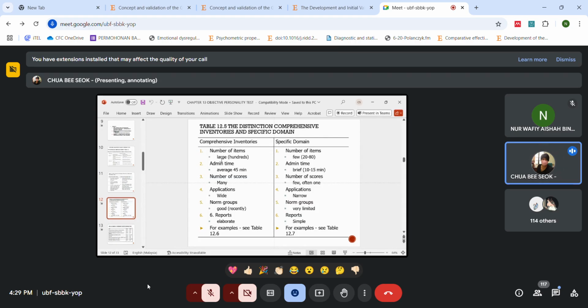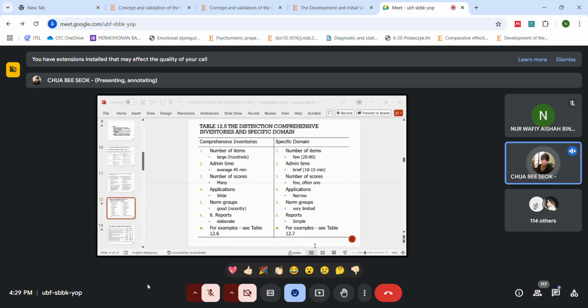For the number of scores, because there are many items, there are also many scores. The applications of comprehensive inventories are very wide. Why? Because they have many items, which means they also have a lot of dimensions measured in that instrument.